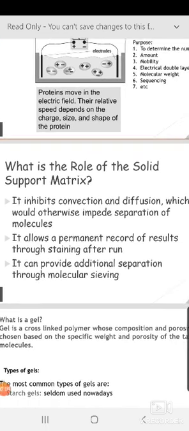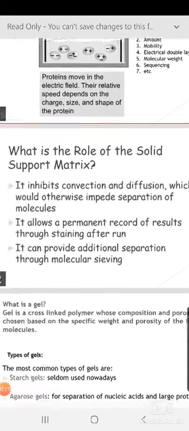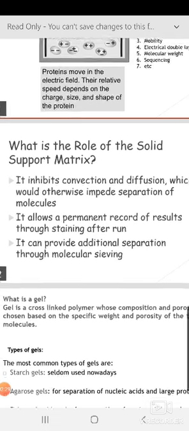What extra support does this matrix give? It inhibits diffusion. The major problem was diffusion, and because of diffusion, the generation of convection currents, which would otherwise impede separation of molecules.